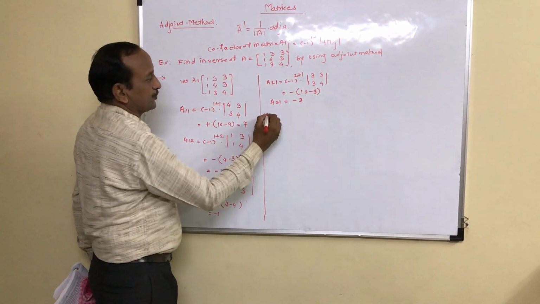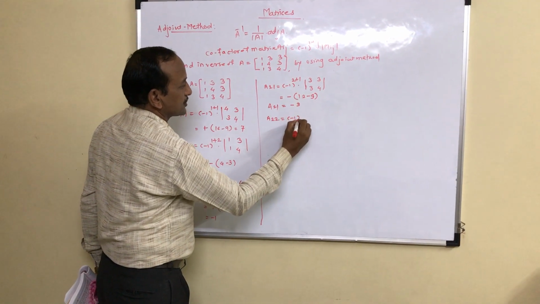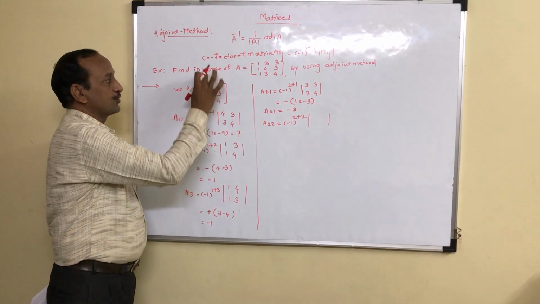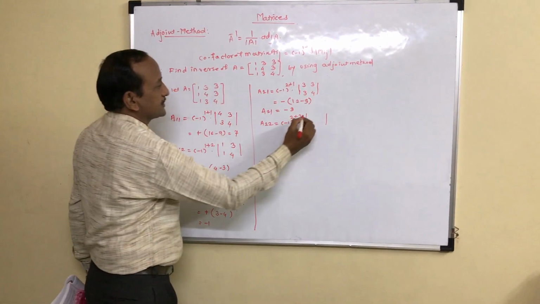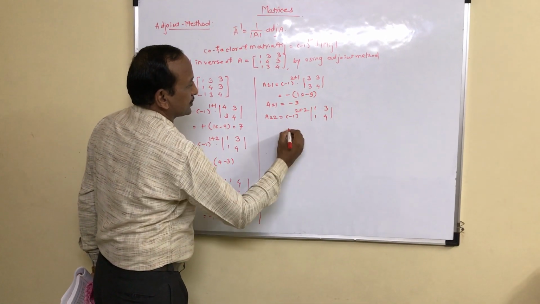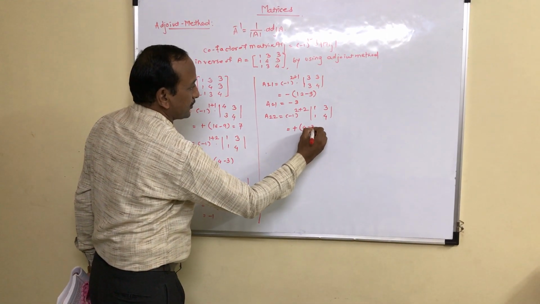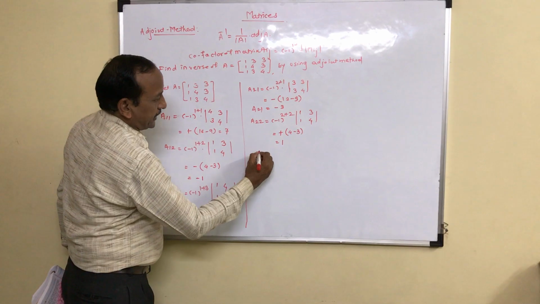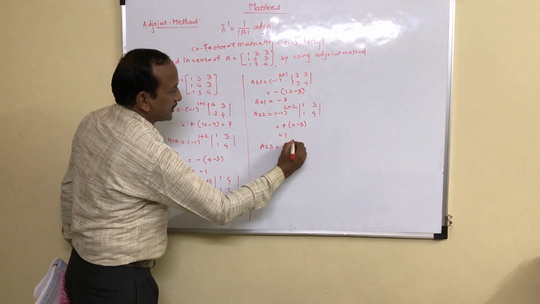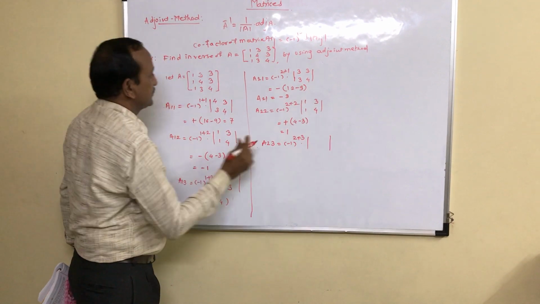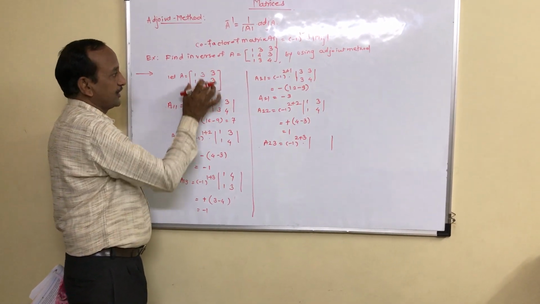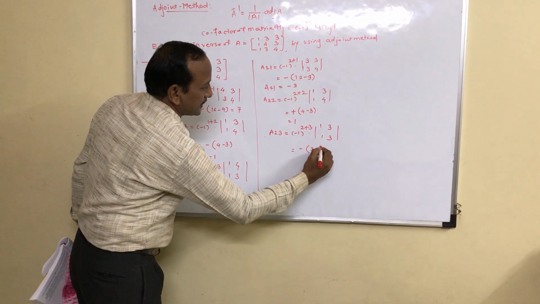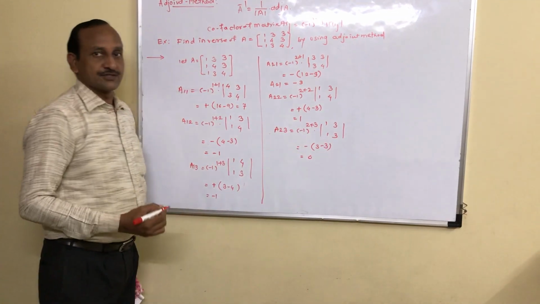Now A22 is minus 1 raised to power 2 plus 2 into minor, delete second row second column, minor is 1 3 1 4, plus into bracket 4 minus 3, which is 1. Now A23 is minus 1 raised to power 2 plus 3 into minor, delete second row third column, minor is 1 3 1 3, minus into bracket 3 minus 3, which is 0.